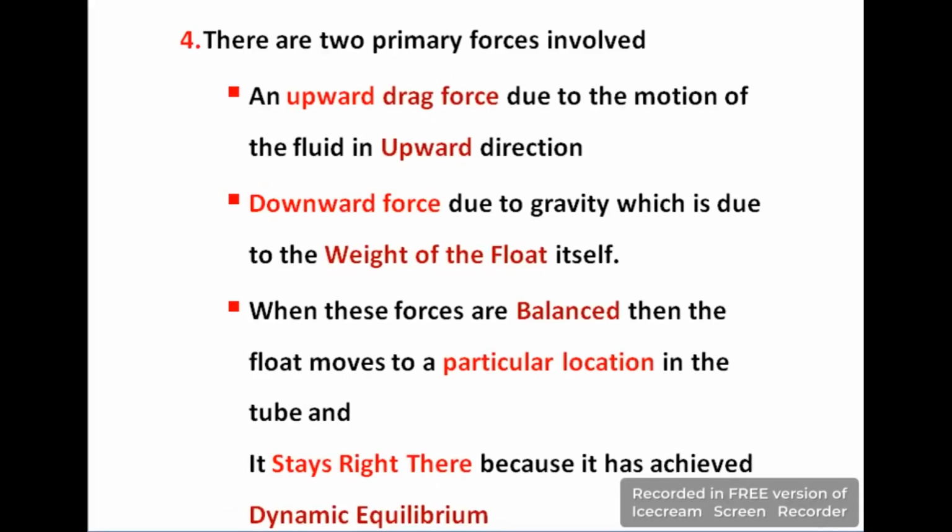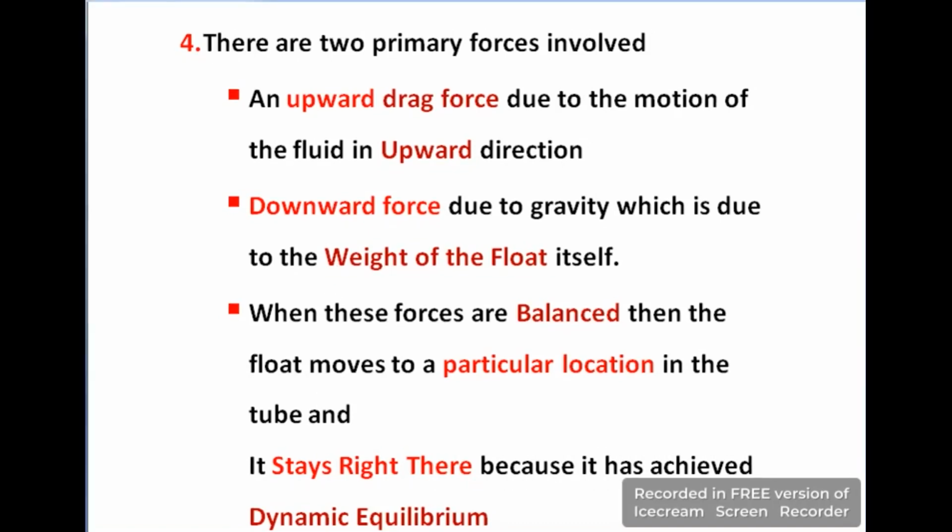Now concentrate on the second point, which is the downward force applied on the float. Before this we talked about the upward force, which is drag force. So when drag force is applied on the float, at the same time another force is applied on that float. That force is the force of gravity, and you know the force of gravity is produced due to the weight of the float.